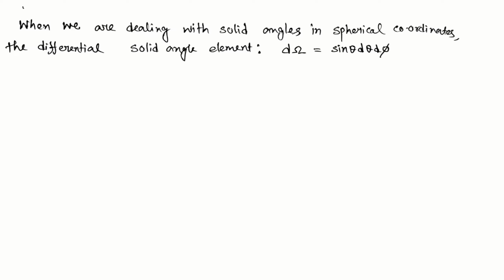Here the sin theta factor ensures that each differential solid angle element represents an equal area on the surface of a sphere. Now without this factor, areas near the poles like theta equal to 0 or theta equal to pi would be incorrectly weighted compared to near the equator, theta equal to pi by 2.